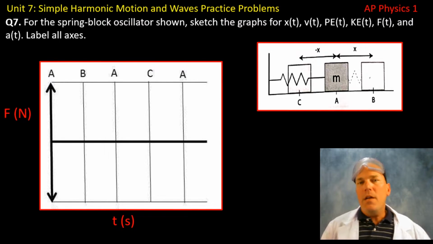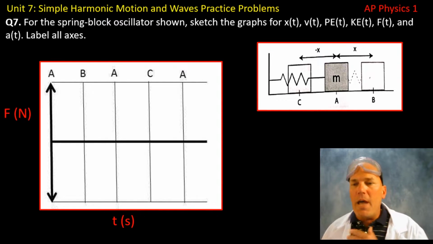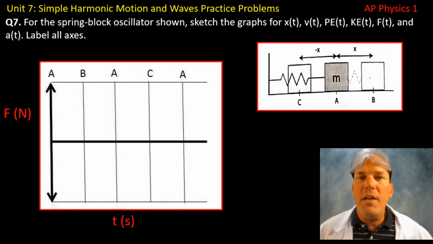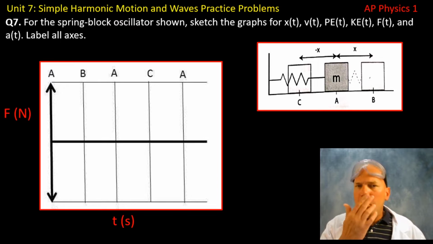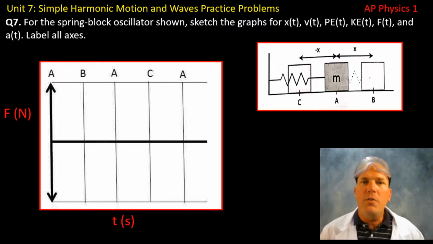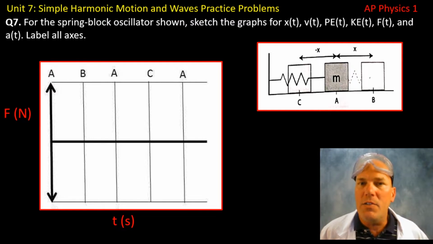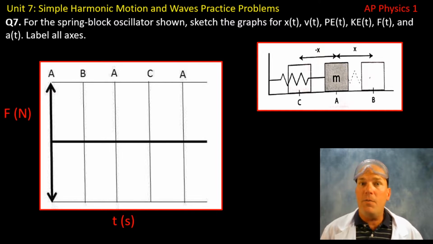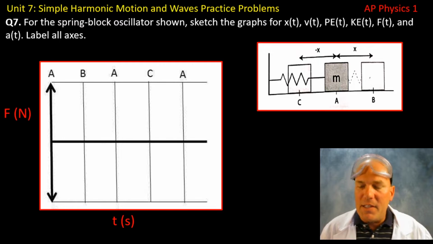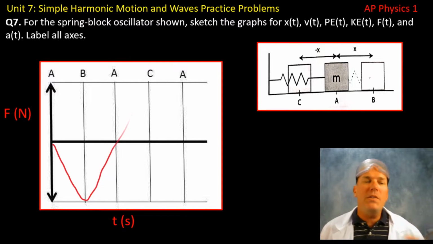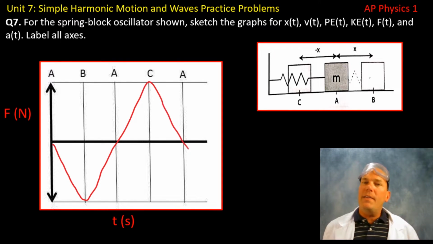So the greater the position, the greater the force, given that the spring stays the same. At B and C, we're going to have the greatest force. At A, all of that force has been converted into energy of motion, kinetic energy, so at A the force is zero. It's at equilibrium at that instant. So our force time graph looks like this.